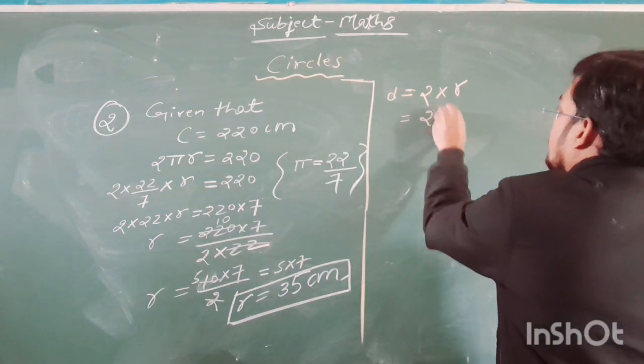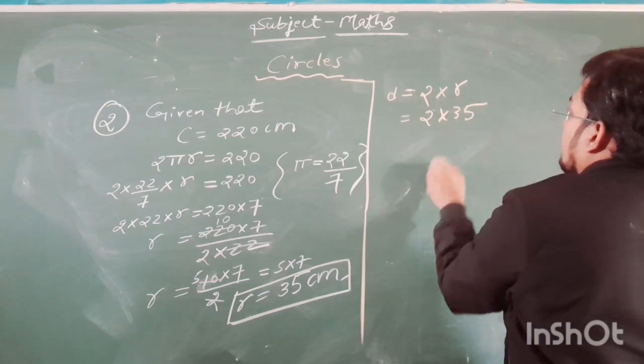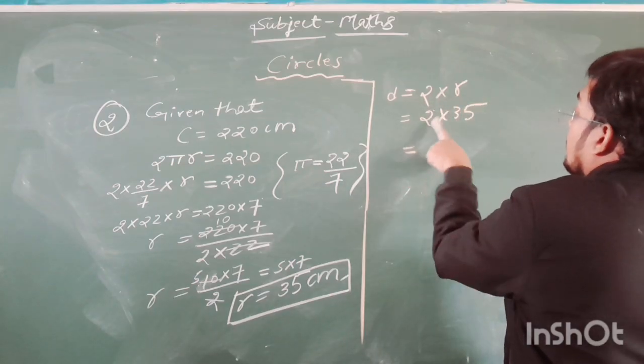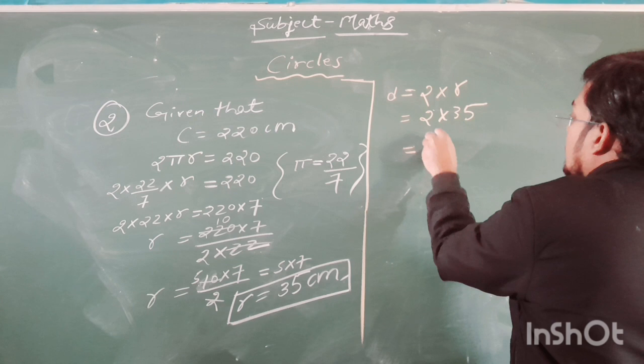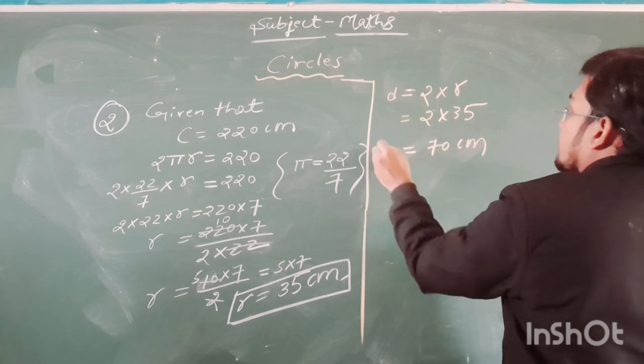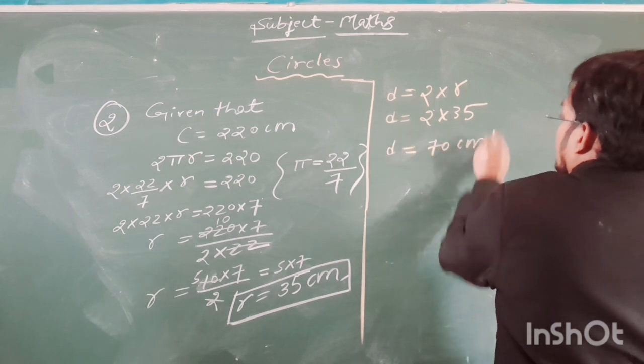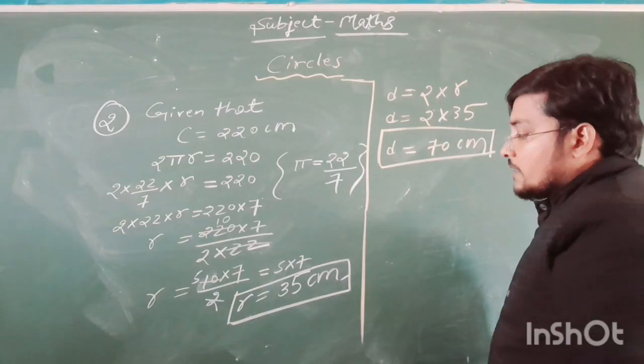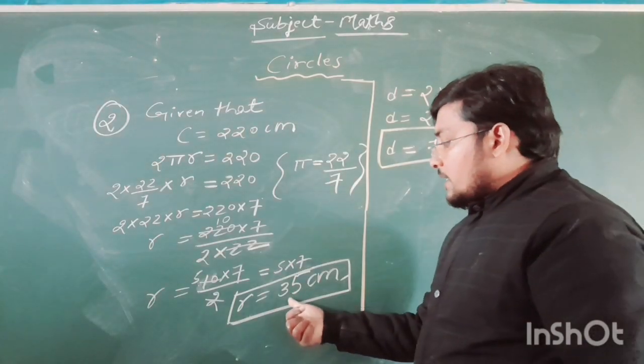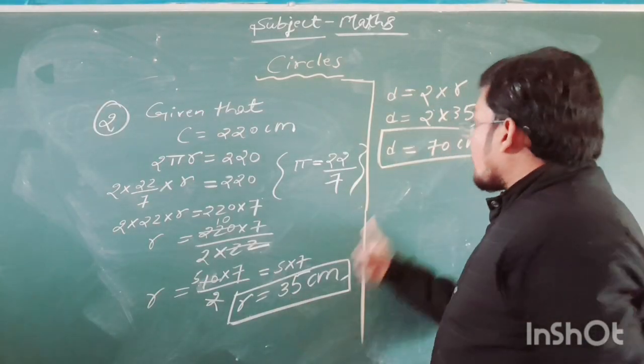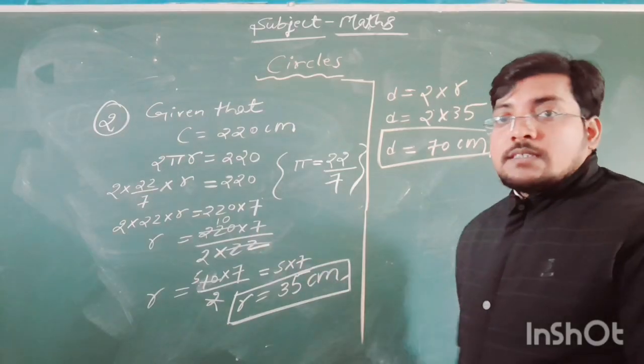So the product of 2 and 35 is 70 centimeter. So the radius of the circle is 35 centimeter and the diameter is 70 centimeter.